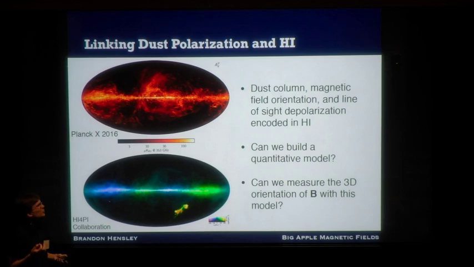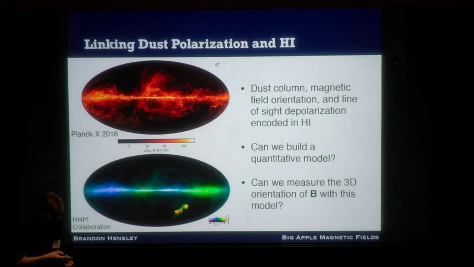And one of the aims would be, can we measure the 3D magnetic field orientation? Naturally, with the dust polarization angles, you get the 2D plane of sky projected magnetic field orientation. But if we really understood dust polarization fractions in particular, then we could actually infer what that line of sight angle is.